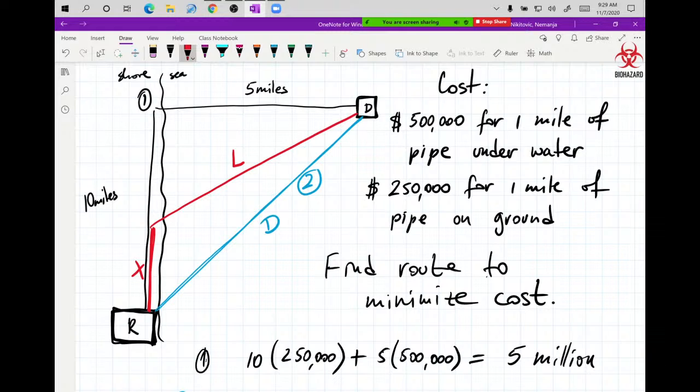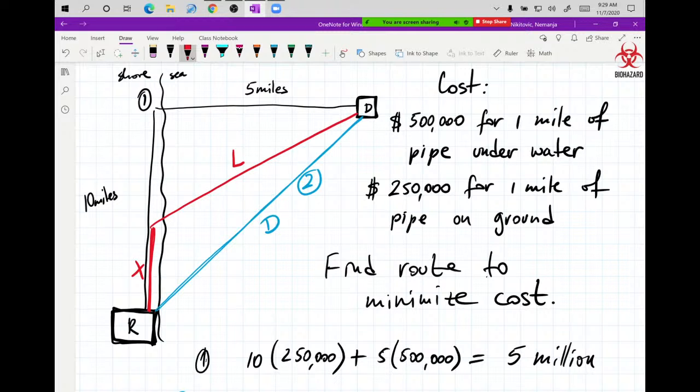Now, clearly, what you are minimizing is the above ground pipe with length X times 250,000 for each mile, plus underwater L, length of the pipe in miles, times $500,000 per mile, needs to be a minimum.